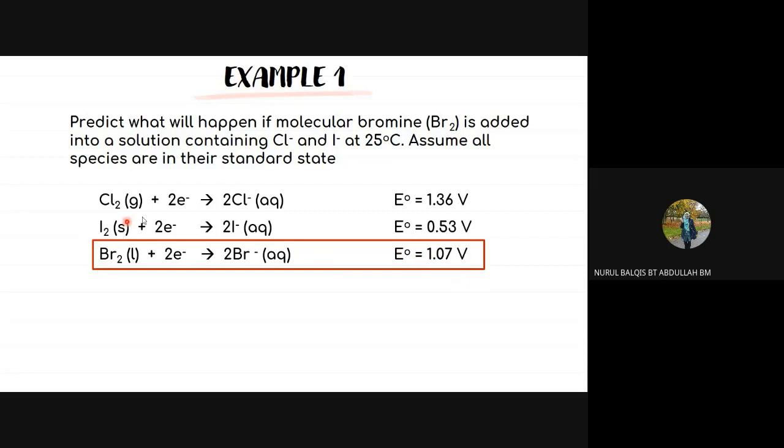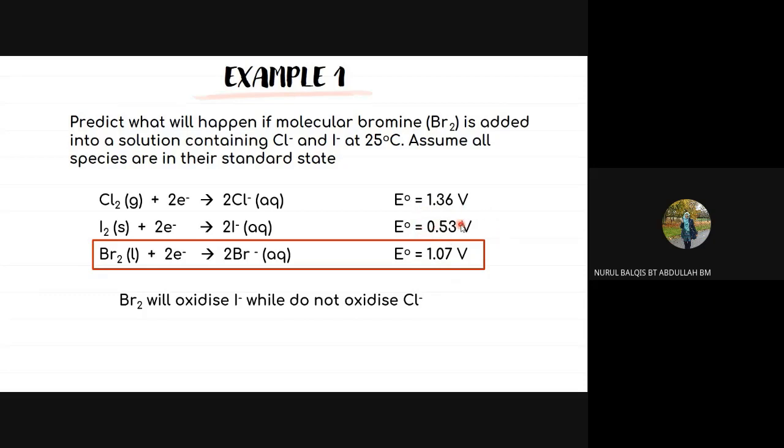Okay, tapi bila dia masuk Br2, maksudnya dia nak tahu ability of this Br2 to buat reaction. Br2 now got more positive value than this one, but less negative kat sini. Jadi kita cakap yang Br2 ni has the ability to oxidize I2. Kenapa dia boleh oxidize I2? Sebab value of I2 lebih rendah pada dia.